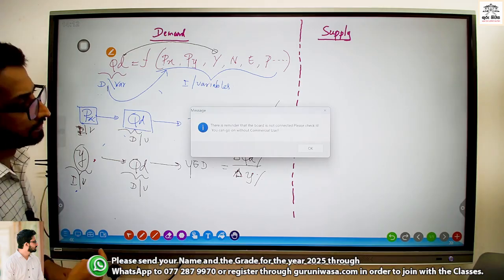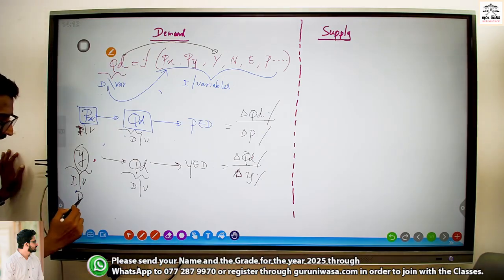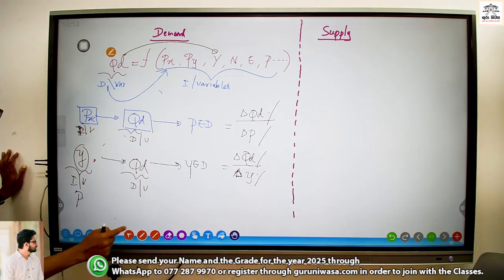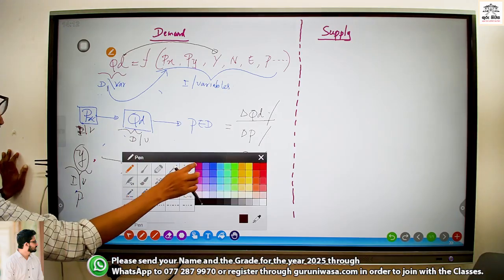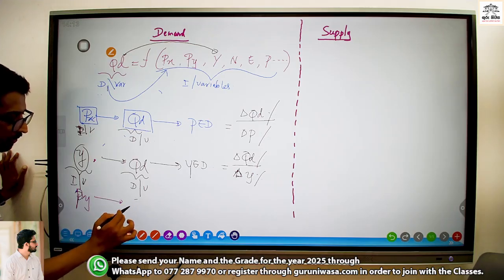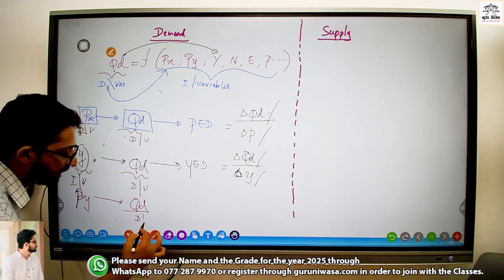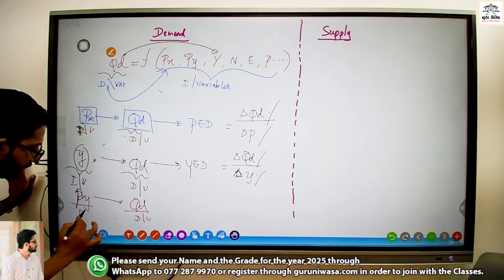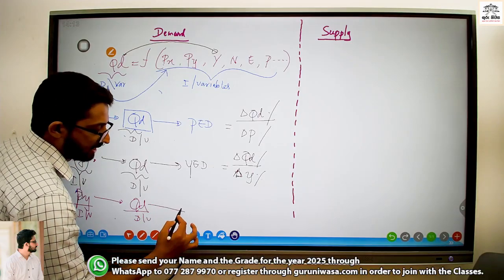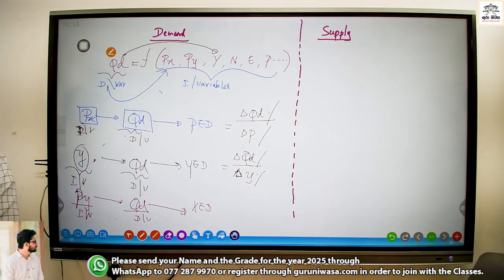We calculate separate elasticity for PY, the price of related other products, and quantity. Here, what is dependent, what is independent? Quantity demand is the dependent variable. So this elasticity category is called XED. XED means cross price elasticity.